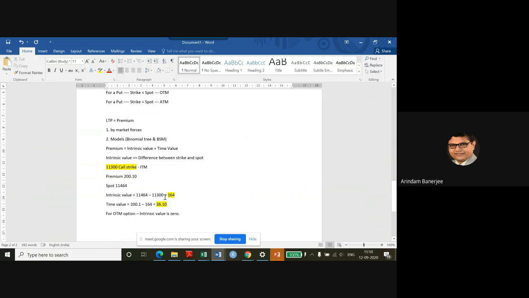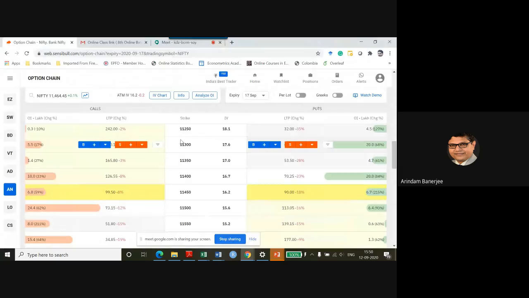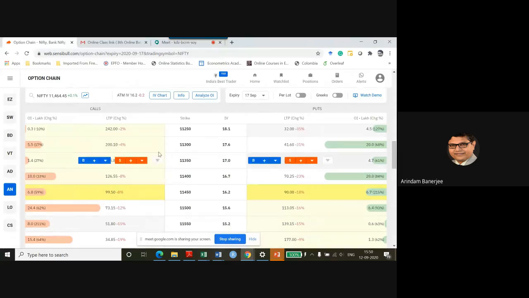So intrinsic value we can get only in case of ITM options. We have taken an example of an ITM call here. This is an ITM call because the strike is lower than the spot.